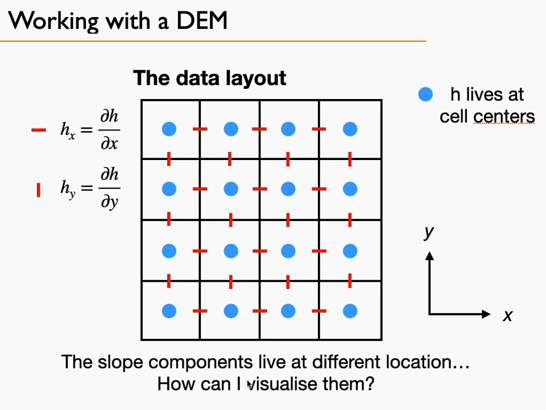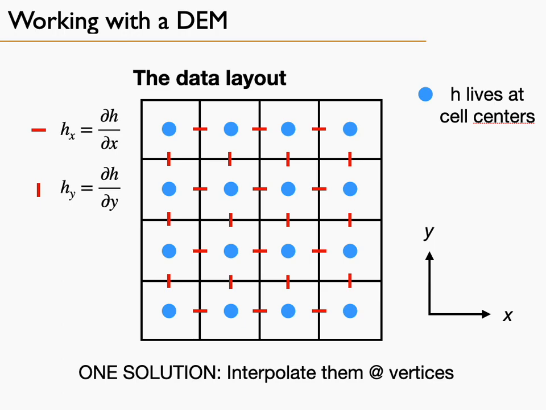So how can we visualize this information when all the slope components are living at different locations? The answer is to interpolate the information. We are going to interpolate the red bars to the vertices, the crosses at the intersection of the grid lines, the black grid lines.